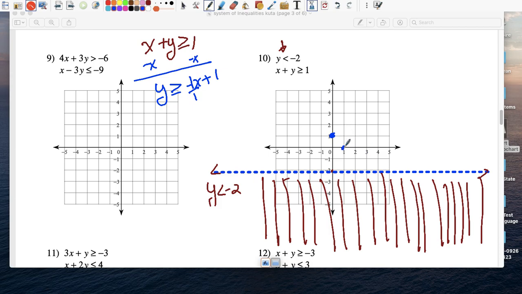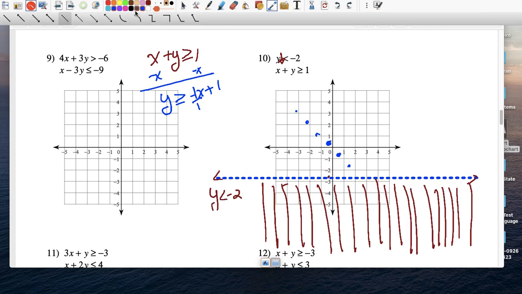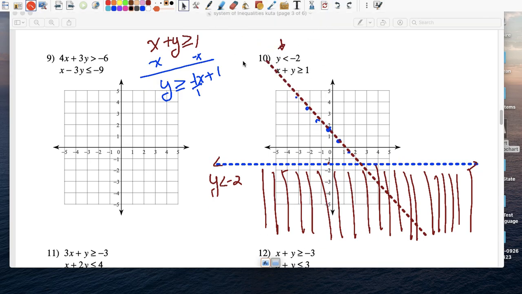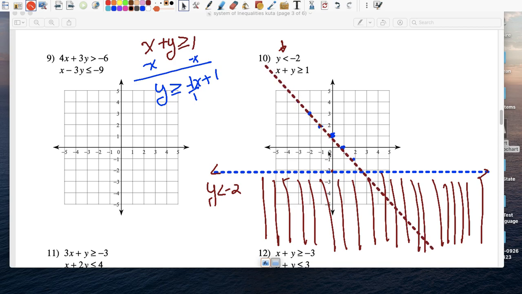So here are my points. 1 down, 1 right, or 1 up and 1 left. It's a dashed line. Here's my dashed line. And now I just need to know if it's going to be above the red or below the red line.